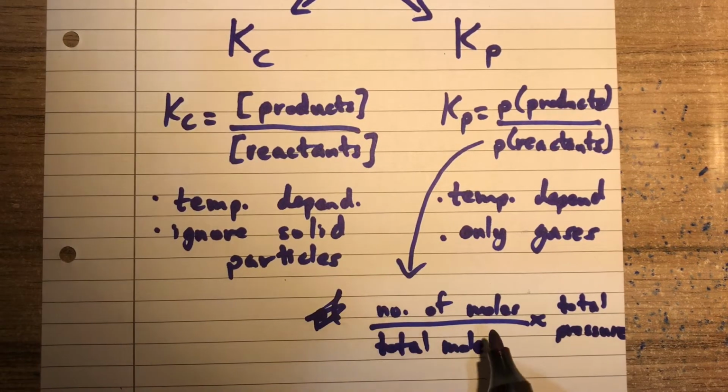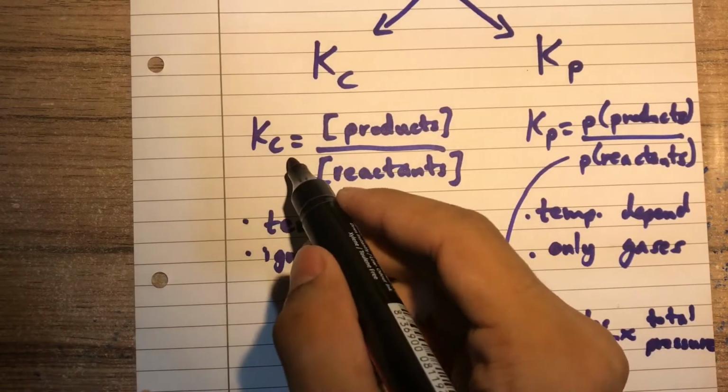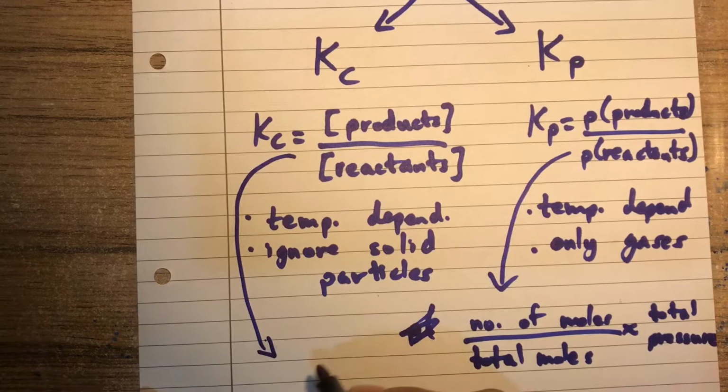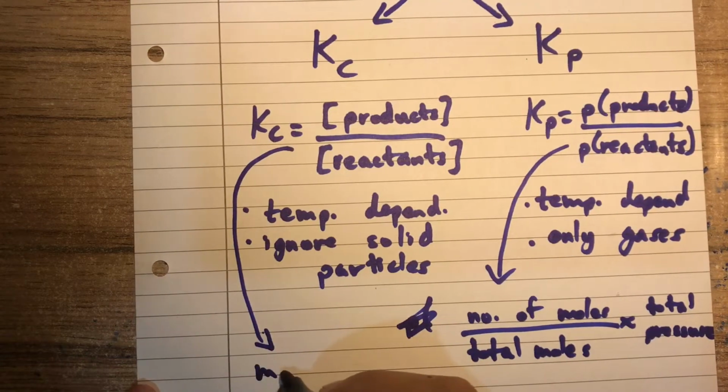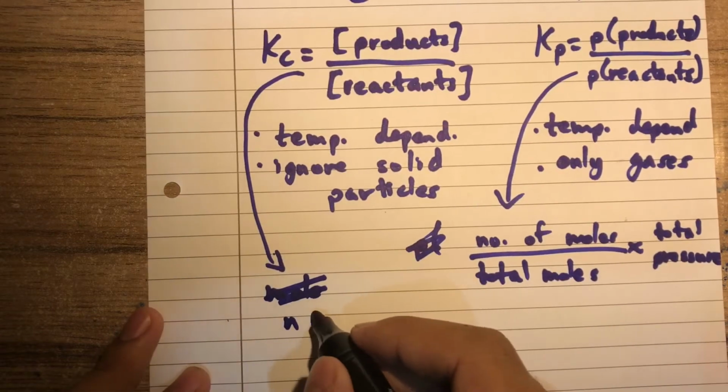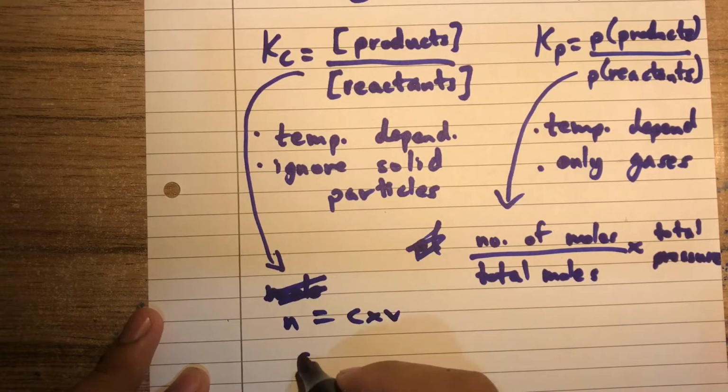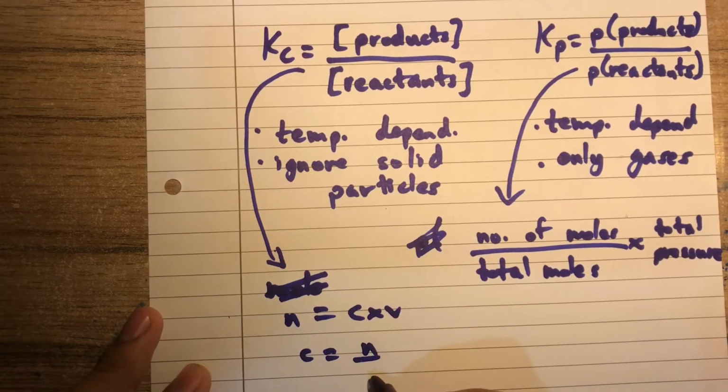So number of moles of the compound upon total moles into total pressure. And for concentration, we know that moles can be represented by N. So N equals C times V. So concentration is N upon V.